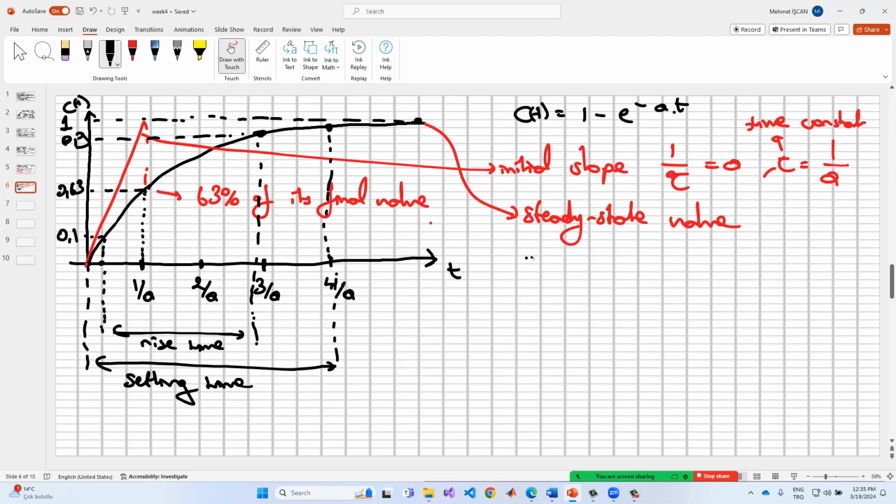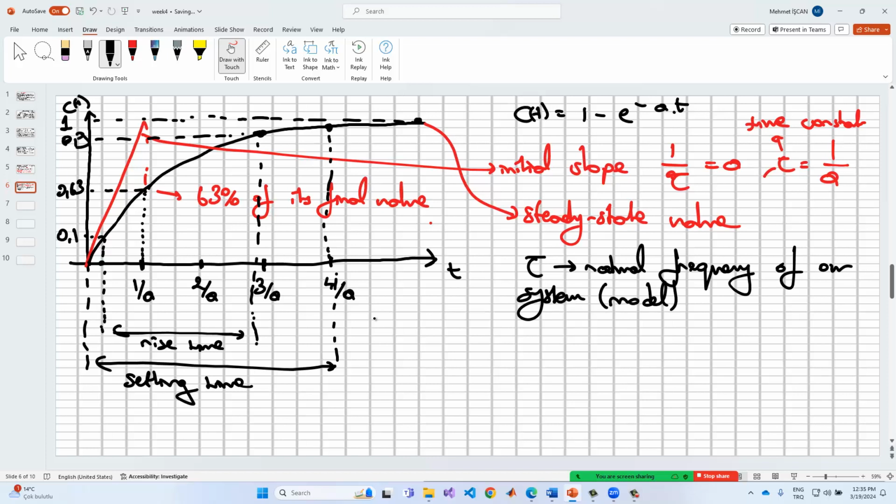In simple terms, the tau is the natural frequency of our system or the model. We can call it just like this, and so we can derive any other parameters in here. For example, T rise can be defined with this term.